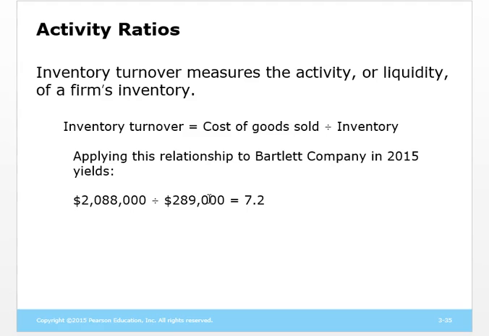So here, cost of goods sold is right under revenues. $73,84.10, and we're dividing that by inventory.